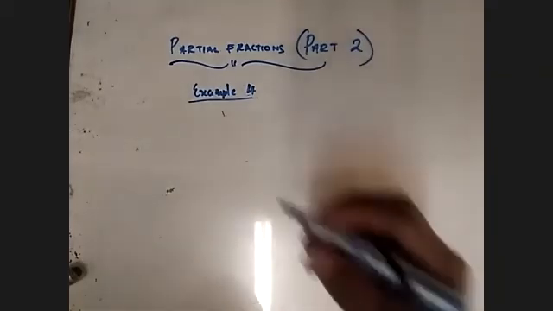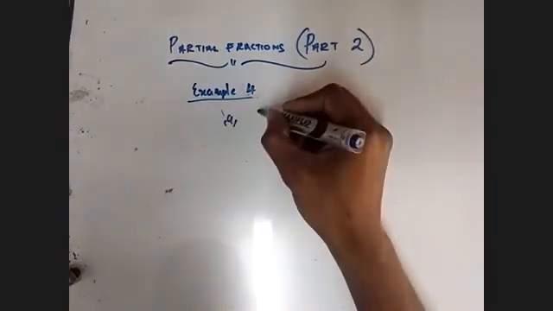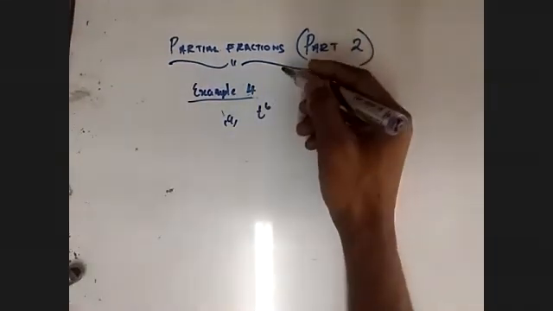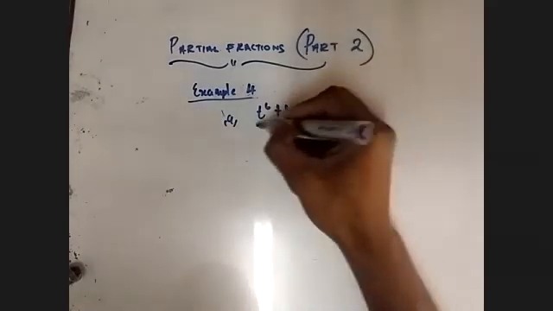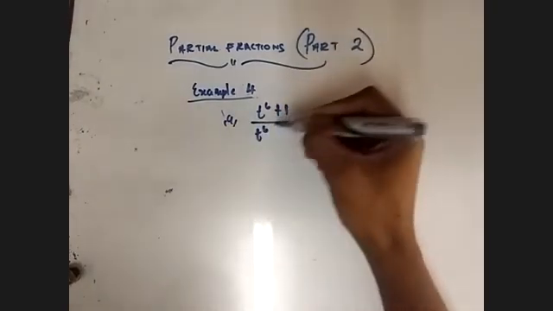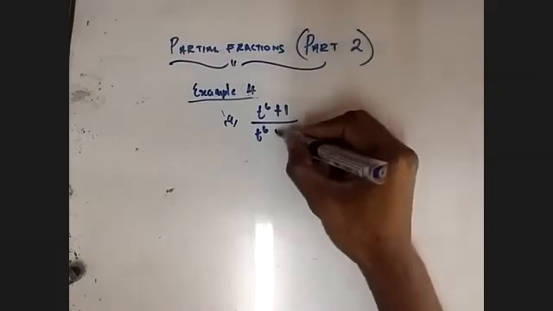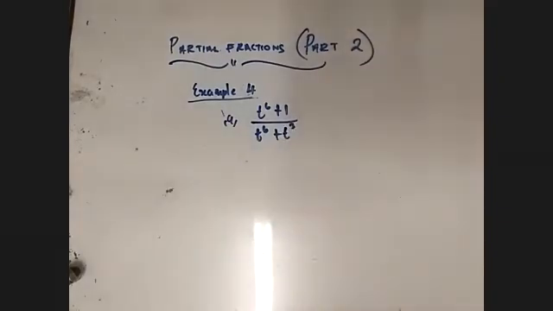So number 6A says that we've got t to the exponent 6 plus 1 all over t to the exponent 6 plus t to the exponent 3. I love such questions.